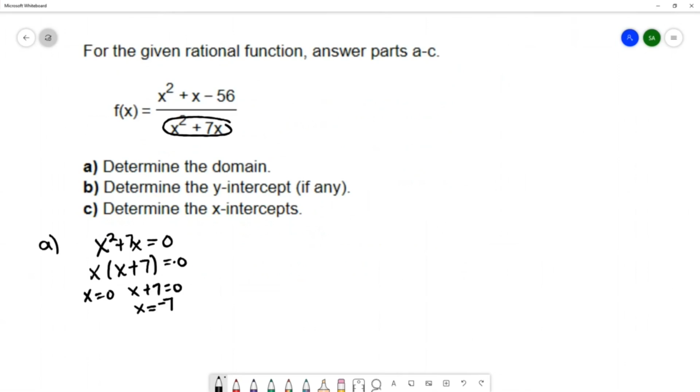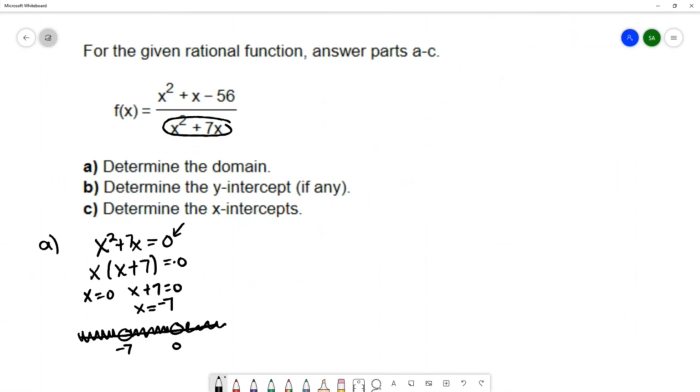They cause the denominator to equal 0, and division by 0 is undefined. So we need to exclude these values from the domain. So we're excluding -7 and 0 from the domain, but all other real numbers will be included in the domain.